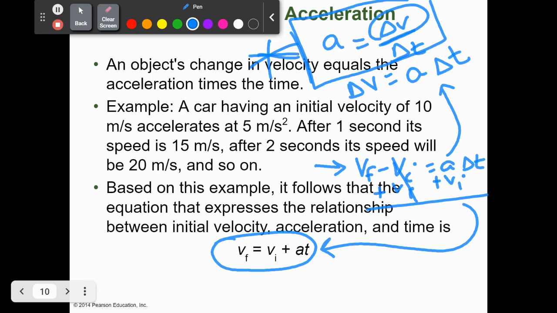V final equals V initial plus the acceleration times the time. So you can find the final velocity of any object if you know its initial velocity, its acceleration, and its time. And using that equation is how our example got those answers.